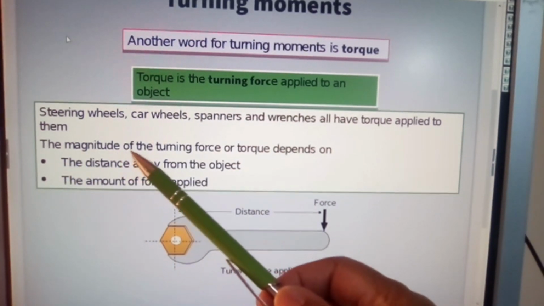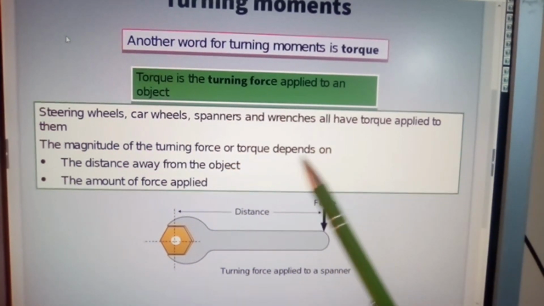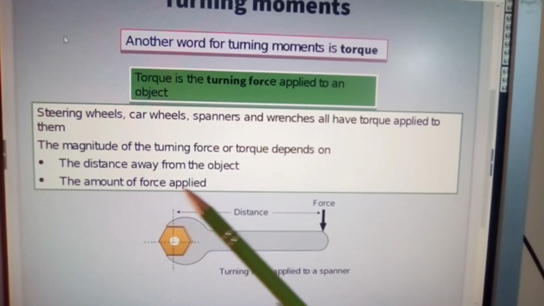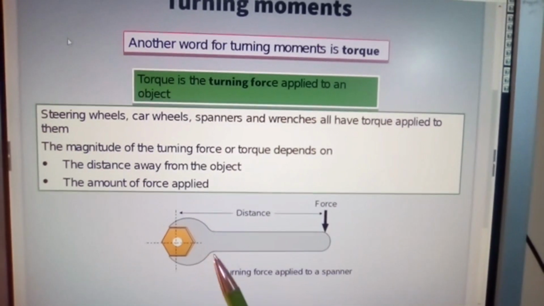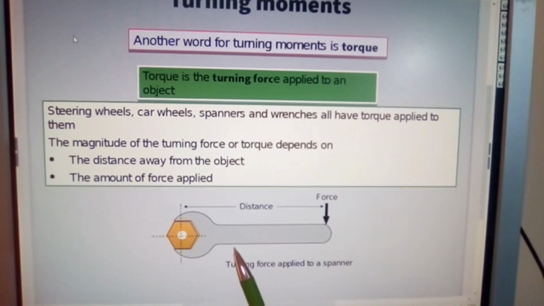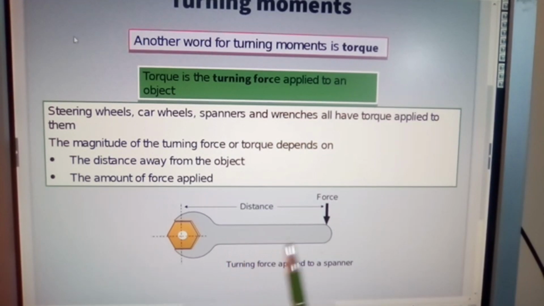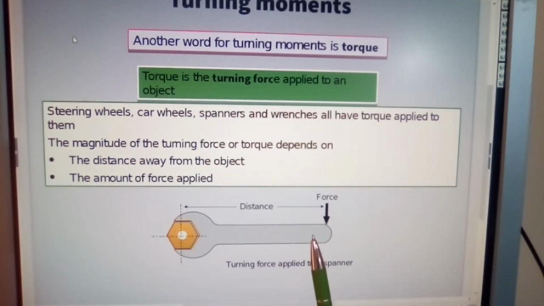The magnitude of the turning force or torque depends on the distance away from the object and the amount of force applied. Here I'm showing you a spanner, and it's attached to a nut. If I make the spanner 1 foot long and try to undo the nut, I will have to apply more force.